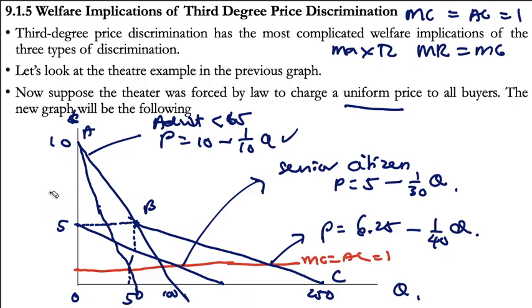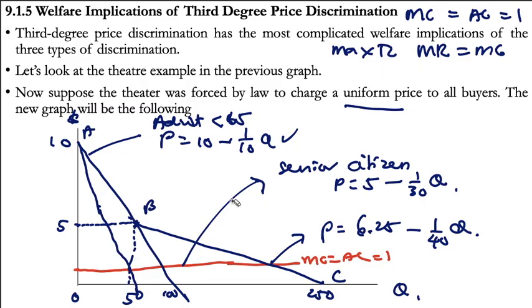Okay, and then here we are done. For the combined demand curve, which is B and C, it also should have its own marginal revenue. So I don't need this marginal revenue anymore because this one is for the non-combined, the previous one for the senior citizen.